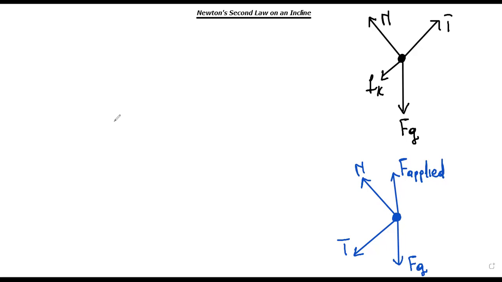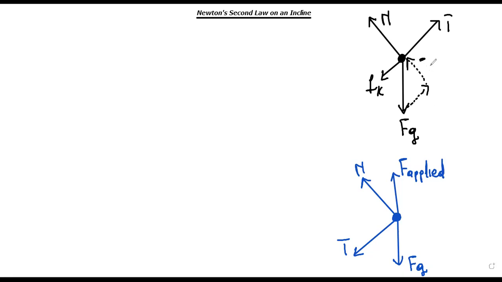Now, what is the difference on an inclined plane? You have to know that the normal force is not equal to the gravitational force, but instead, it's going to be equal to the component of the gravitational force that is perpendicular to the surface.